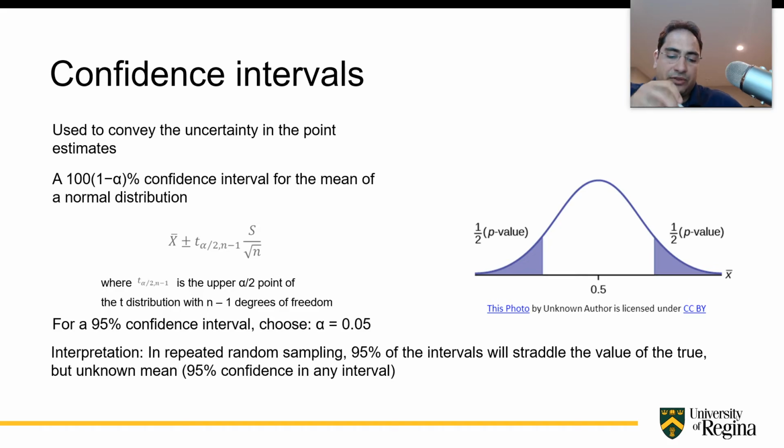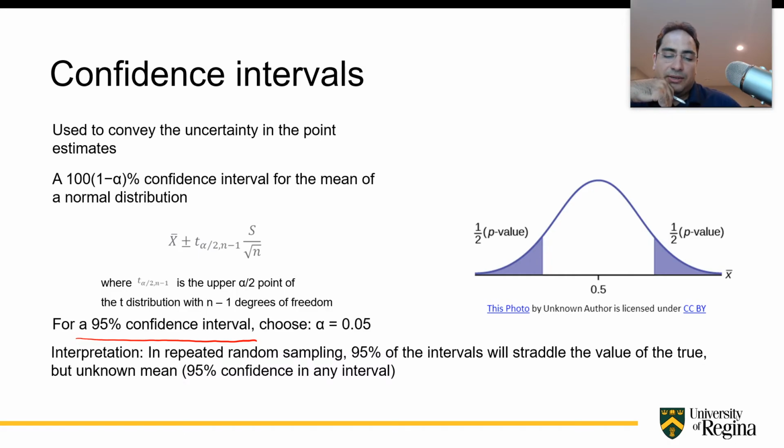For example, if you're looking for 95% confidence intervals, which means if you repeat this experiment many times, 95% of the intervals will be in that range that you calculated, and will have the same mean and standard deviation that you have.